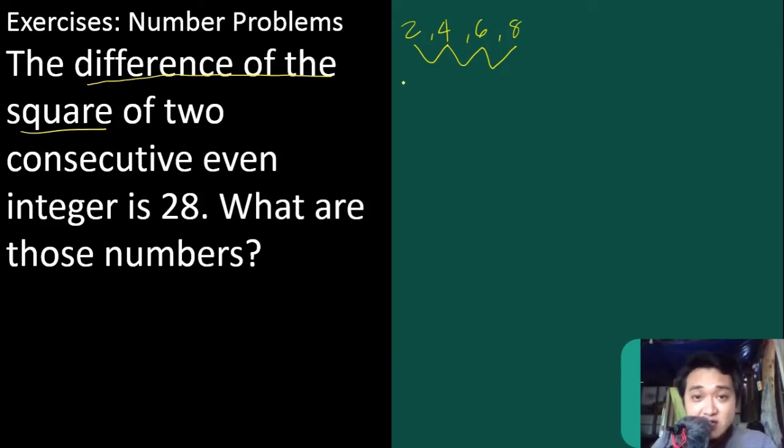Let's say, let us assume that x is yung unang integer, which is hindi pa natin alam kasi unknown value siya. X will be the first small even integer, yung mas maliit.